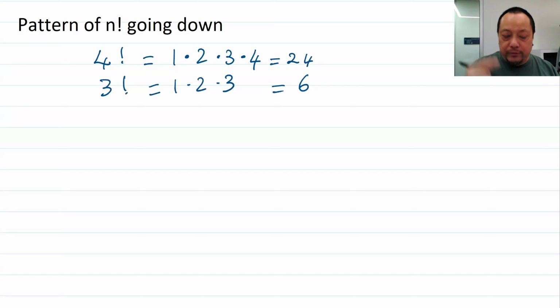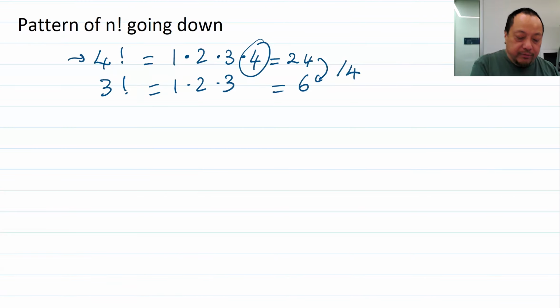And how do I go from 24 to 6? From here to here, I could divide by 4. I could divide by this number, and I get to 6. So if I have n factorial, I divide by n, I get down to (n minus 1) factorial. If I start with 4 factorial and I divide by 4, I get down to 3 factorial.